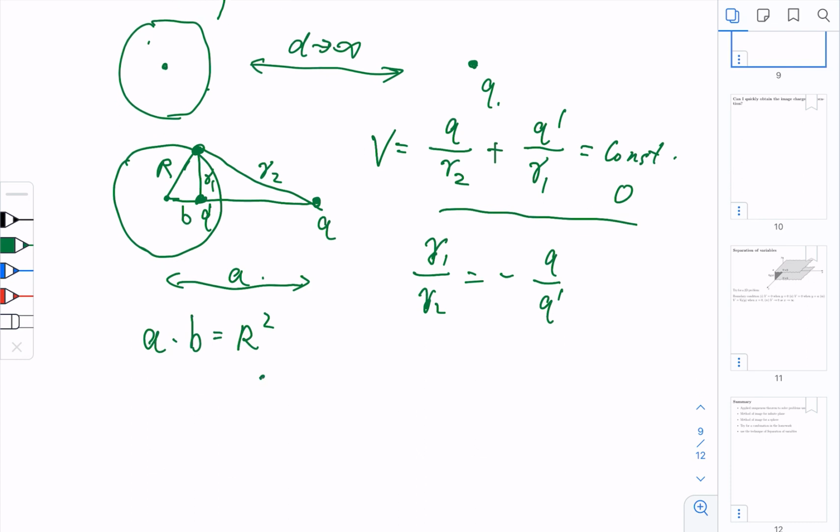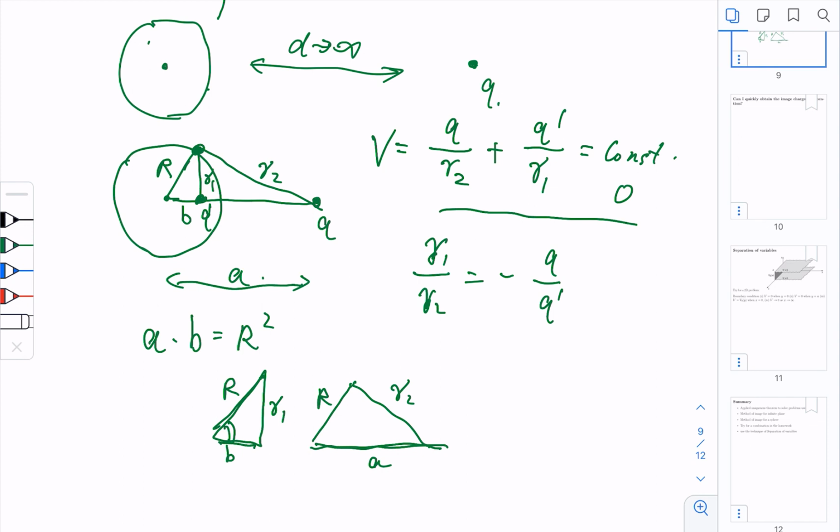One triangle is R B gamma 1. Another triangle is R gamma 2 A. And here, if this angle is the same, and if the ratio of b over r equals r over a, then these two triangles are similar triangles.